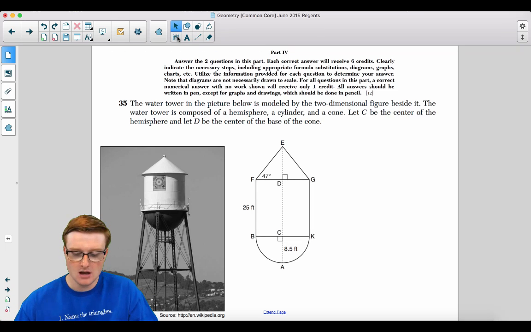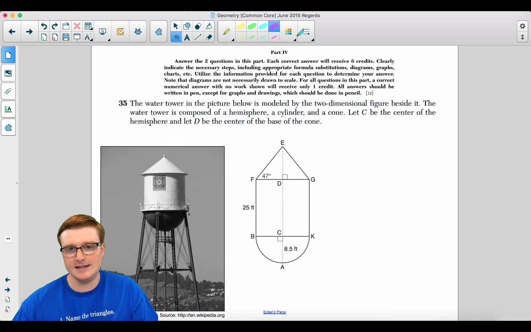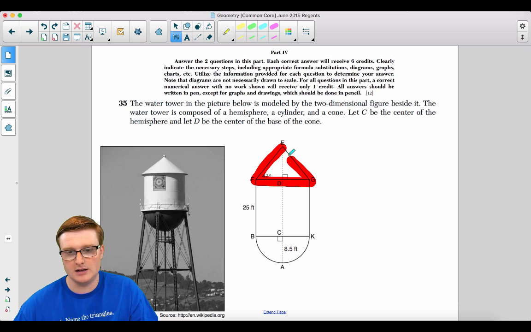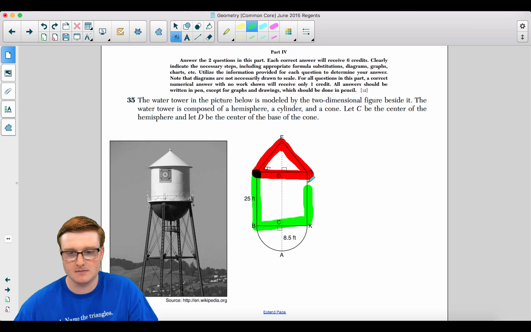So what I did for this question is I said, all right, this figure is a cone. This figure down here is my cylinder. This figure over here down below is a hemisphere.